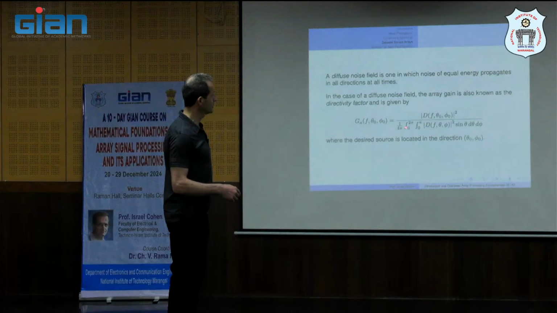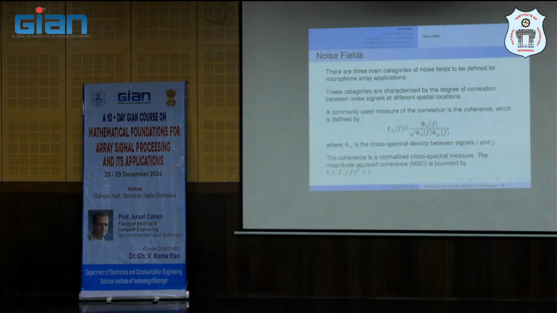So in order to talk about beamforming, how to design these weights, we need to talk about noise fields. So we already talked about noise fields. We talked about spatially white noise. We talked about diffuse noise. And also we have sometimes directional noise. If a noise source comes from a certain direction, it's called directional noise.